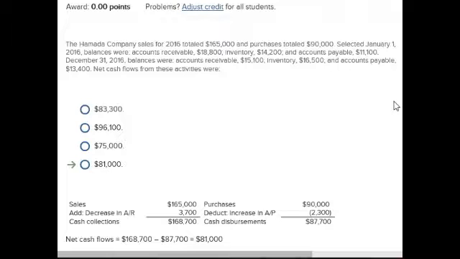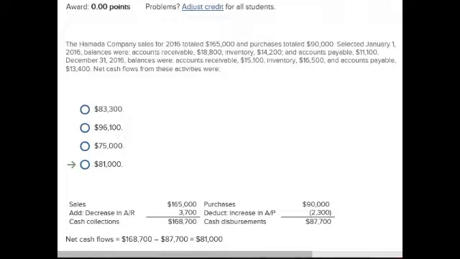So let's take a look at what it says. It's giving you a bunch of information. It gives you sales and purchases for the entire year. And then there are beginning inventory, AR, AP balances, and ending balances of all of the same accounts.